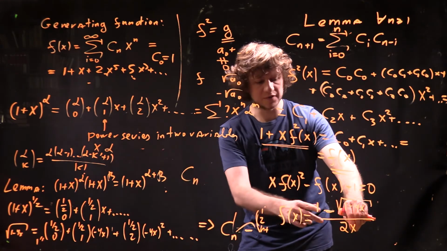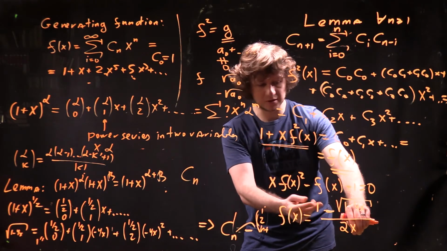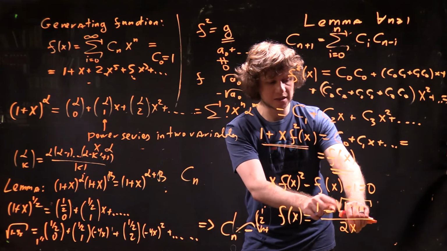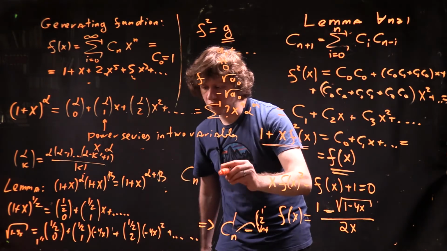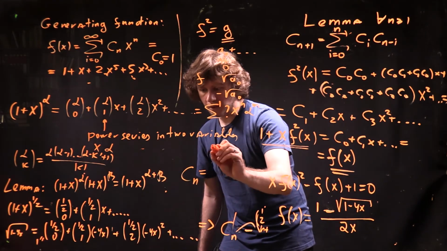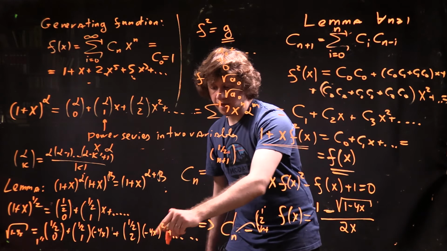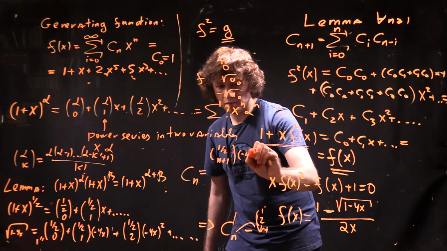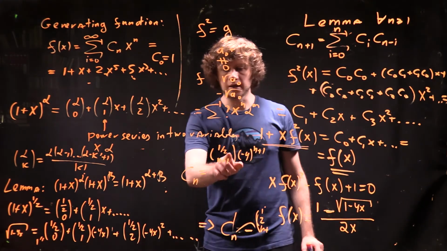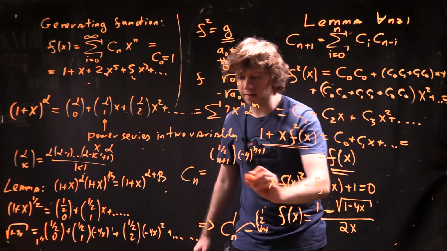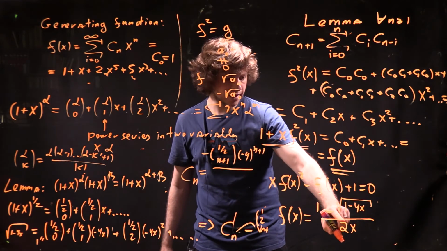For this, the 1/2 is the 0 coefficient, and then I have minus the square root over 2, so I need to take the (n+1)st coefficient of the square root, which is (1/2 choose n+1)(−4)^(n+1), then take the minus sign here and divide by 2.